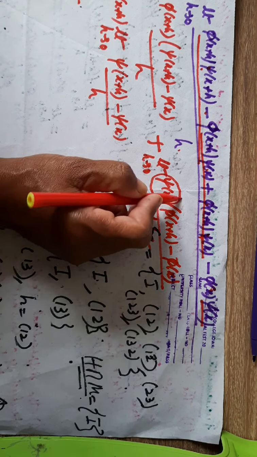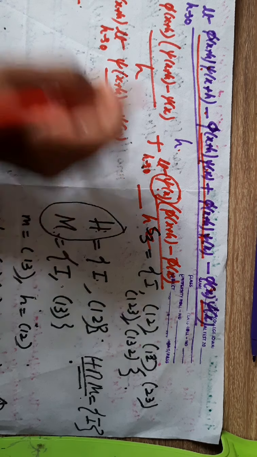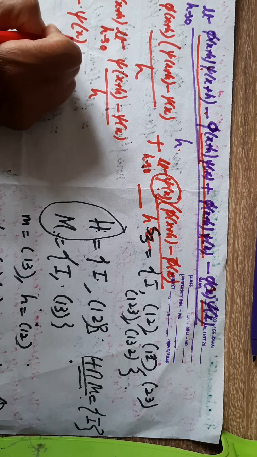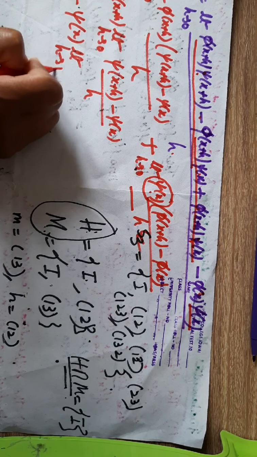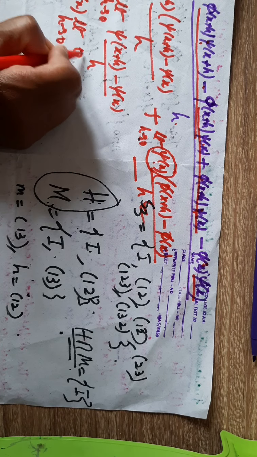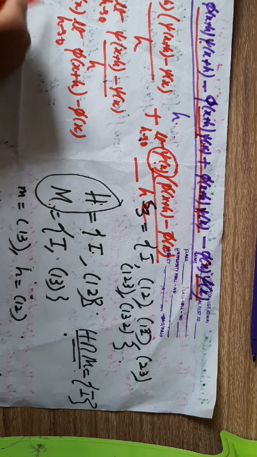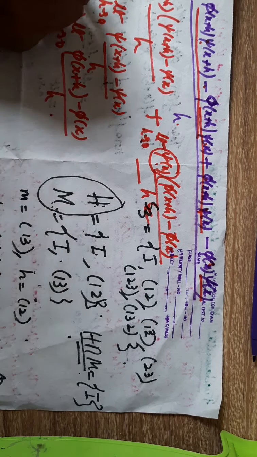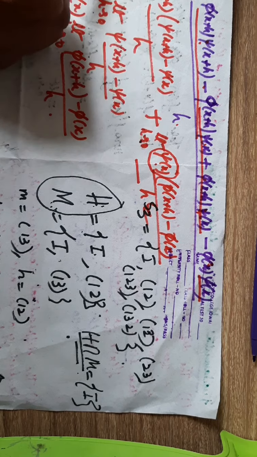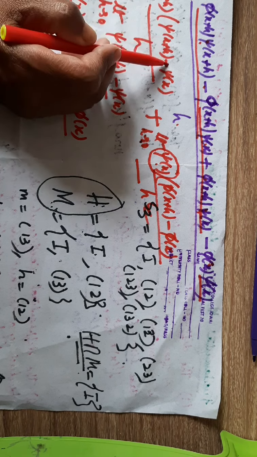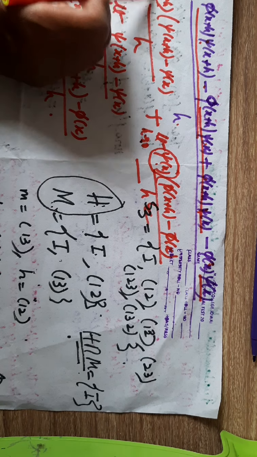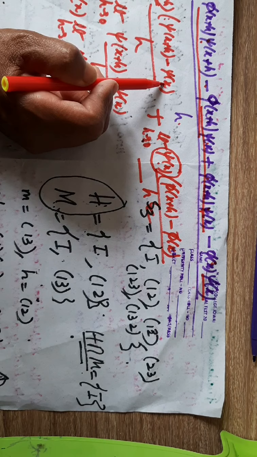Now you can see from here that chi x does not depend on h, so you can take it outside the limit, chi of x into limit h tends to 0 phi of x plus h minus phi of x divided by h. Now I apply this property, limit of this one into this is the same as limit h tends to 0 of the first function into limit h tends to 0 of this one.